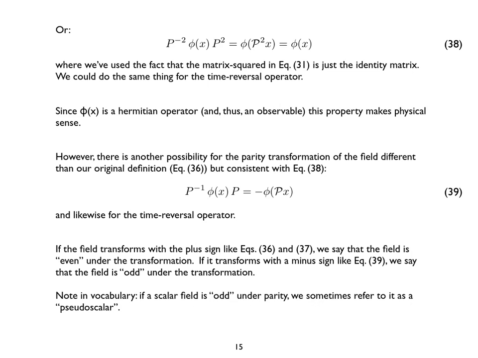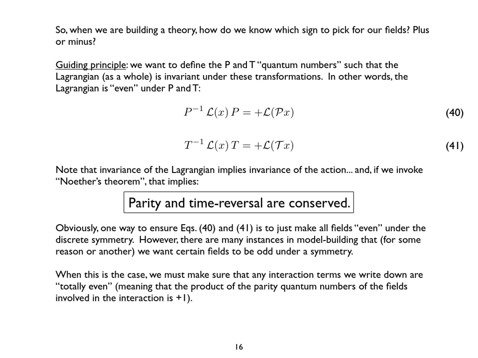That means we don't want any terms that change sign if we operate on it with a parity operator, and that dictates how we write down these fields. I don't want any odd number of phi fields, because if I do a parity transformation I'll get a minus sign on that Lagrangian term, and I don't want that. So that's one simple example of how we use symmetries to build our Lagrangian.